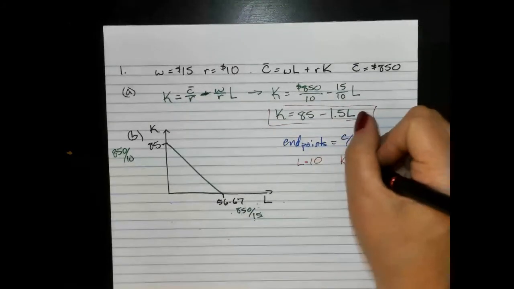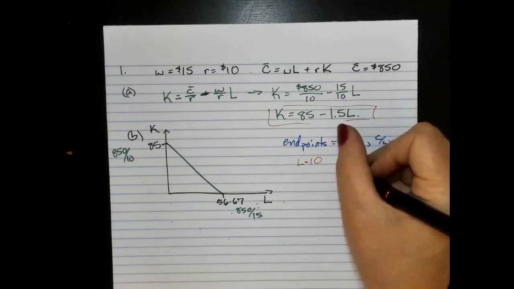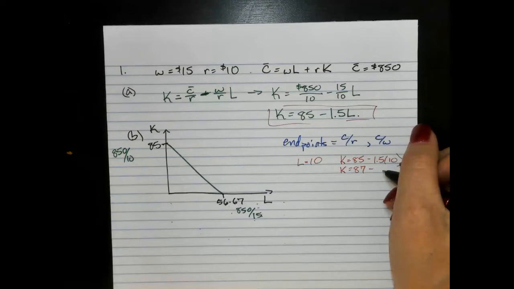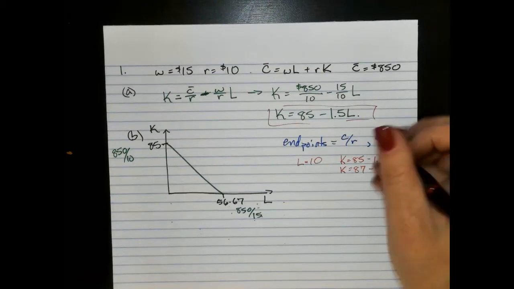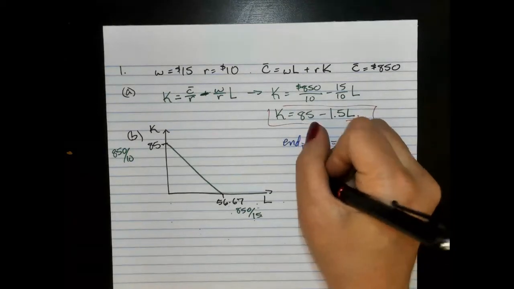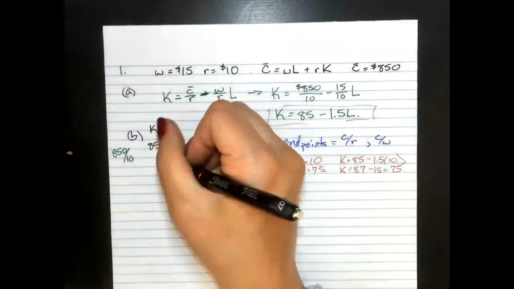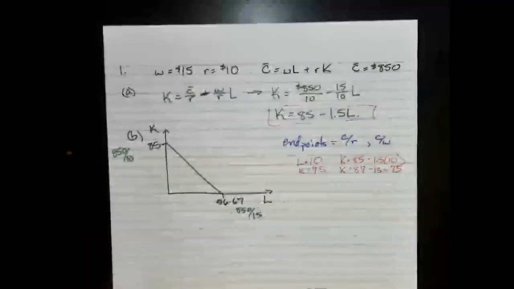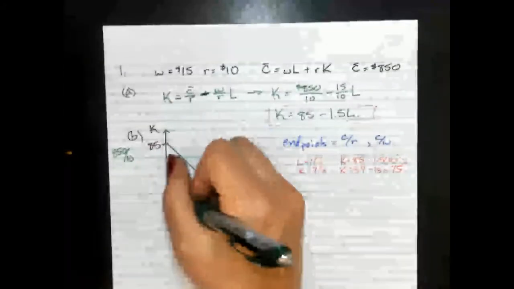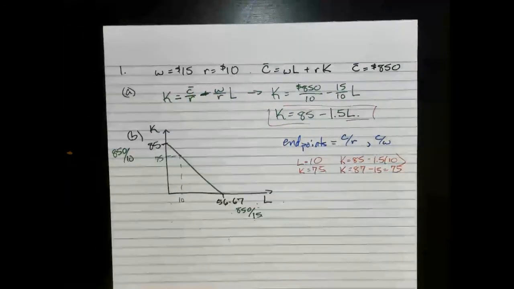That's going to be K equals 85 minus 1.5 times 10, so K equals 85 minus 15, equals 75. And that's going to give me points along this curve. So if I use 75 units of capital, I'm going to use 10 units of labor, and so on. Does that make sense?